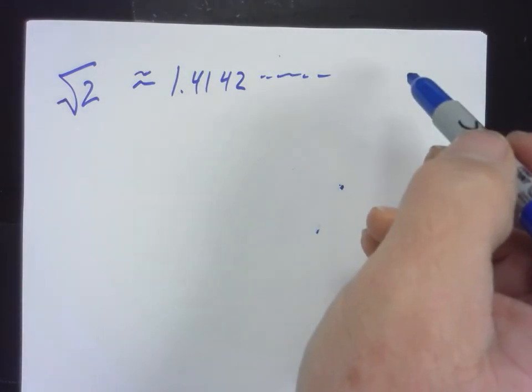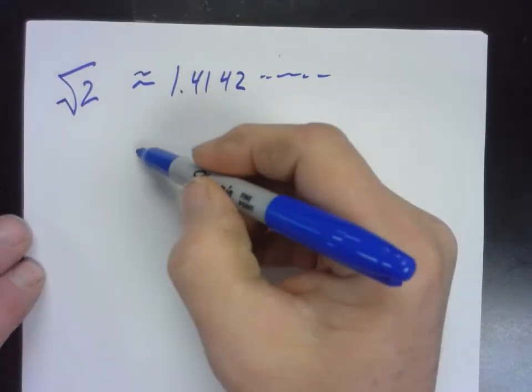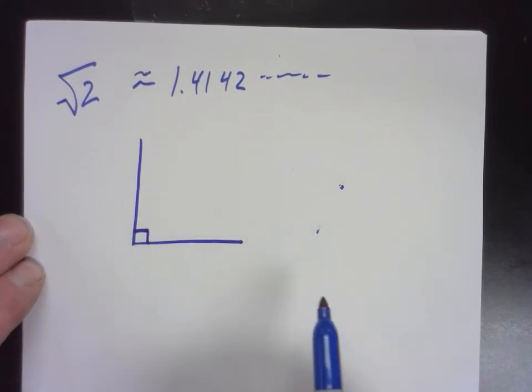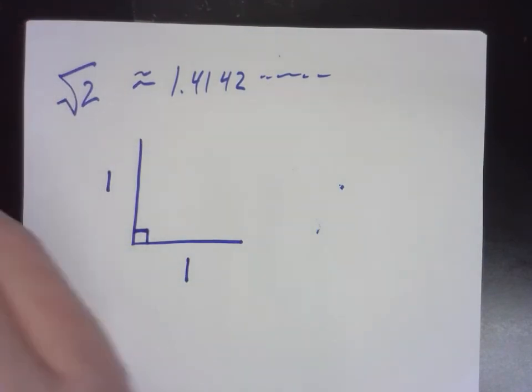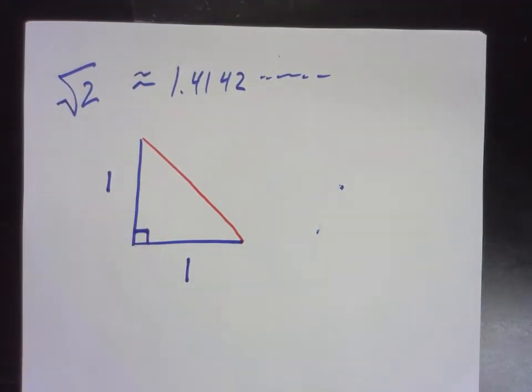Okay, we can't write it, but I can draw it. Do you believe me? I can draw the square root of 2. How can I draw it? If I can't write it, how can I draw it? See that red line right there?